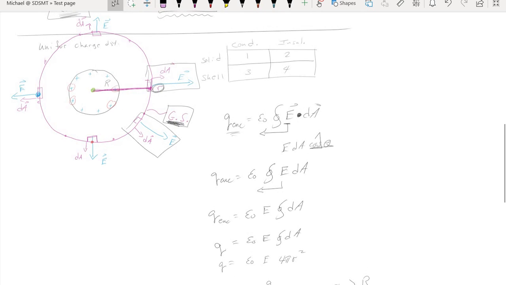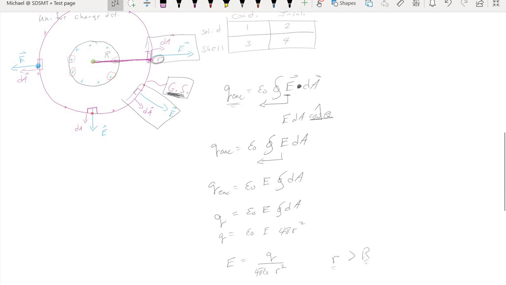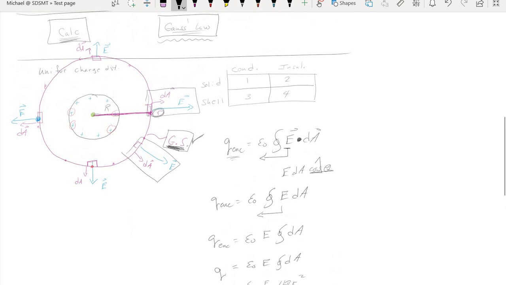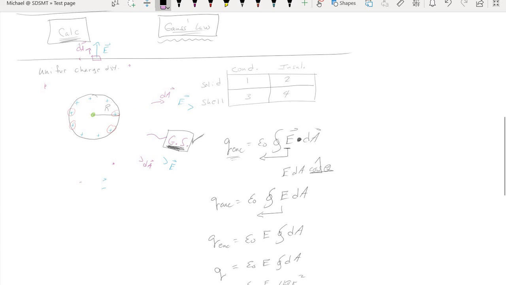Well, the only condition that Gauss's law has is that your surface container has to contain the charge. So if we wanted, we could actually take our charged sphere and we could bring that radius of little r closer. The question is, how close can you get and still enclose the charge?